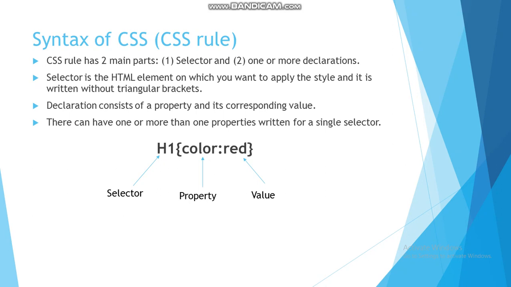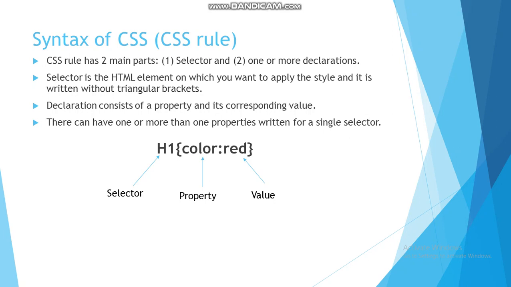And whatever property and value you are giving, that we have to write inside curly brackets. And that is why here it is given color colon red inside curly bracket. So this entire part written inside curly bracket, that is known as declaration.